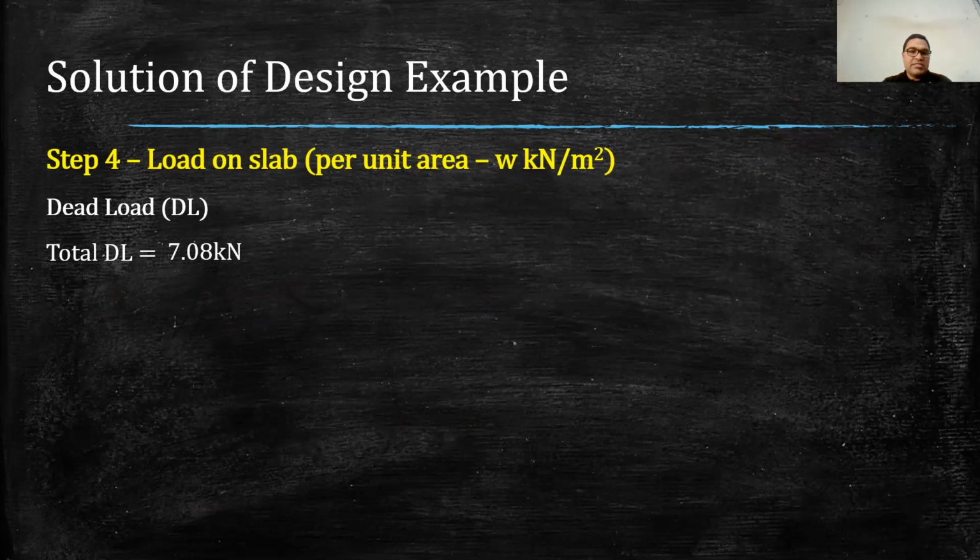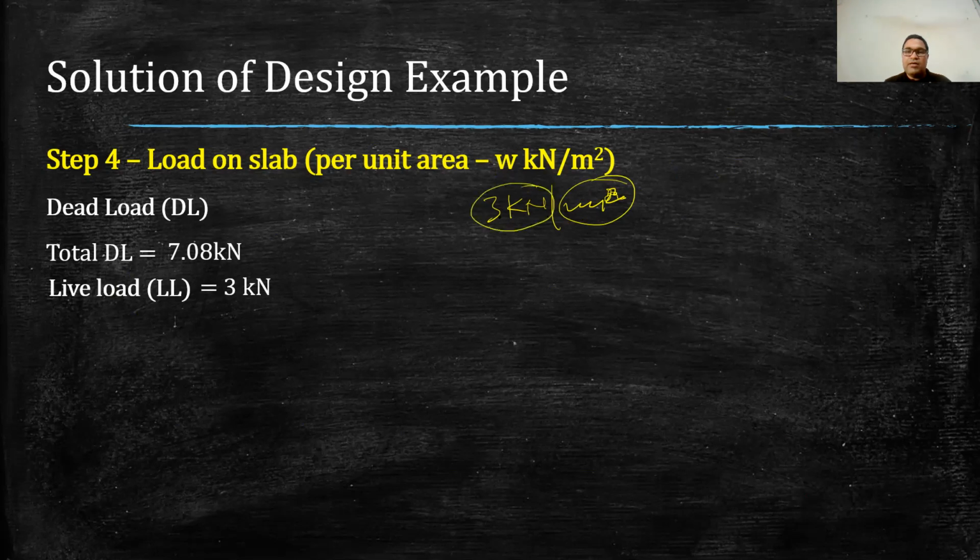Now beside this dead load, we have live load also, and live load is also mentioned in the problem, and that live load we can take as 3 kilonewton. So in the problem it is mentioned that 3 kilonewton per meter square. So it means for unit area, the live load will be 3 kilonewton.